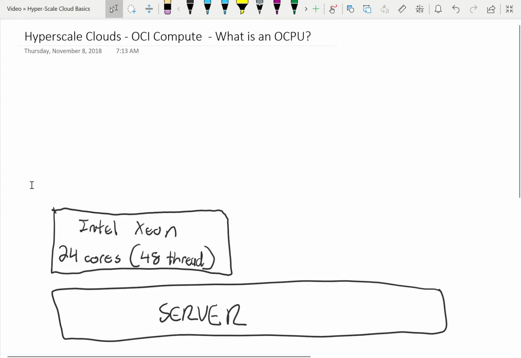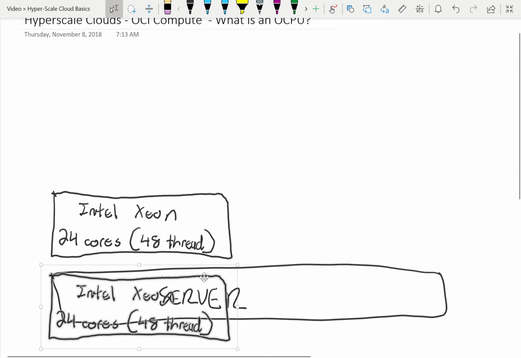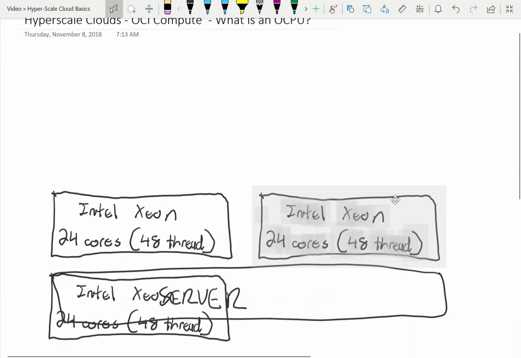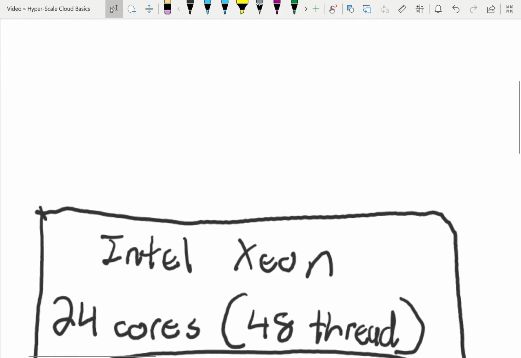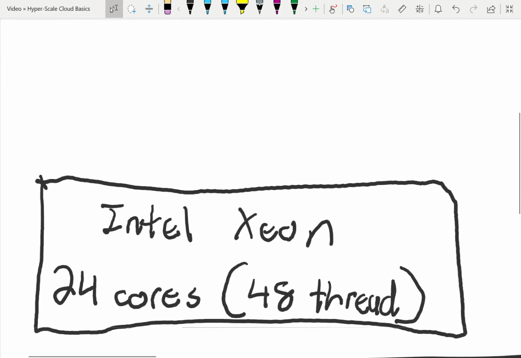And since this has two sockets, let me go ahead and make a copy of this socket, and we'll add our second socket in. And then sitting on top of these sockets is really where the OCPU comes into play. So I'm going to draw, we're going to say this green box illustrates a single core, so one core, or two threads.